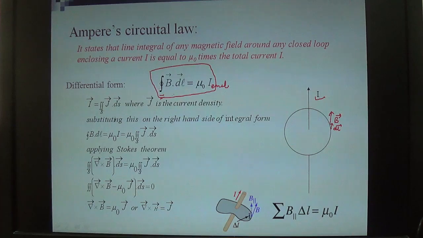I have to convert this B dot dl into the differential form by using Stokes theorem.